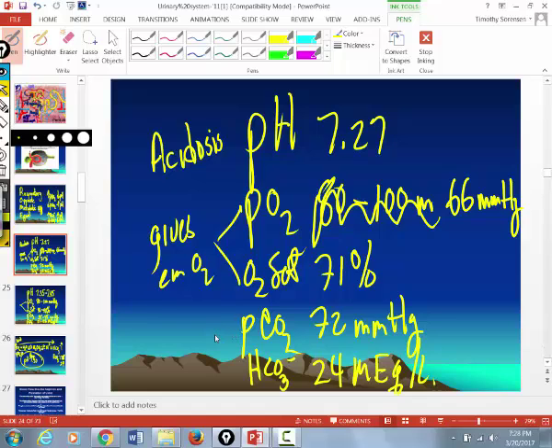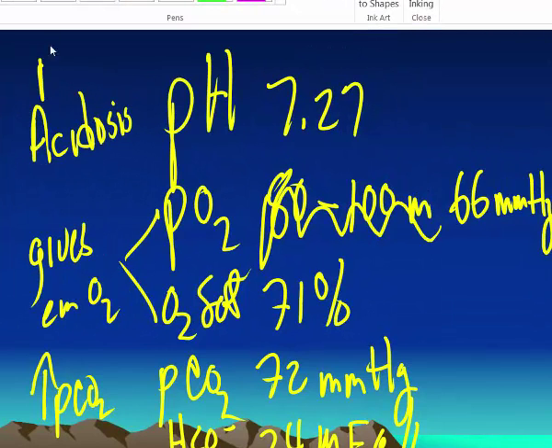Is the PCO2 high, low, or normal? It's high. So the PCO2 is elevated, and CO2 is an acid. So you are retaining acid, right? So what's causing this acidosis? This is a respiratory acidosis.